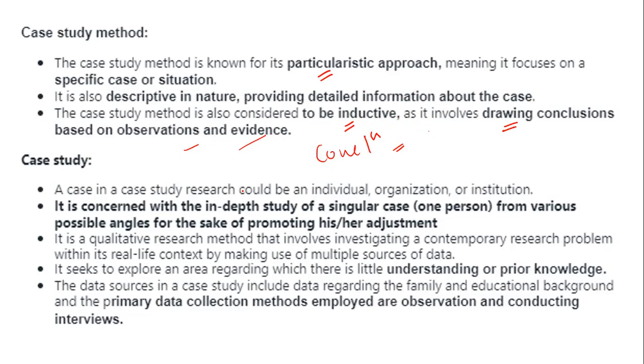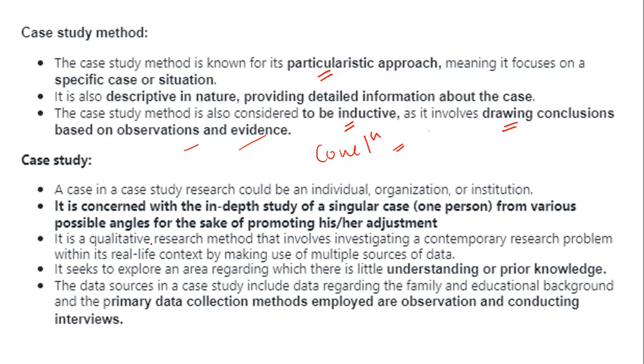A case study method in research can be on an individual, an organization, or a specific institution, which is an in-depth study of a person, maybe from all possible angles, with respect to finding out a solution.